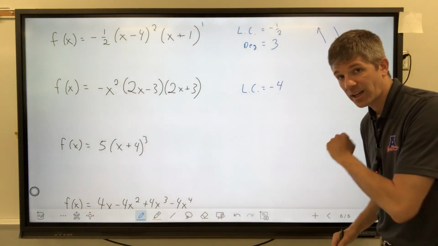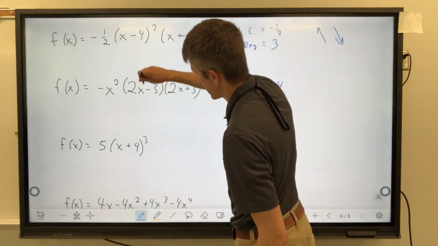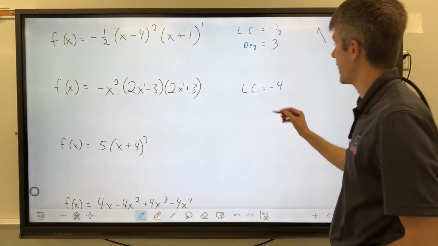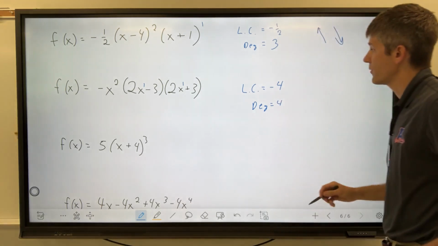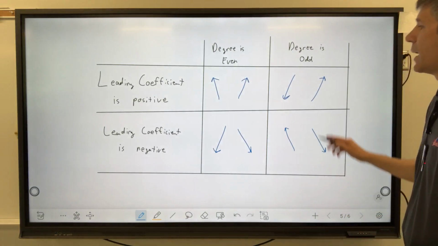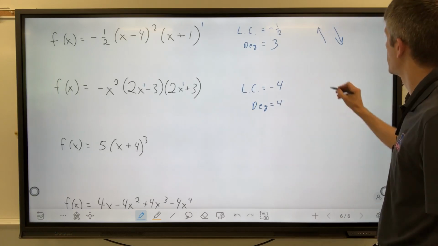And my highest exponent I will ever achieve is x squared times x times x. You can do the whole thing out. You're going to realize that the highest your degree ever gets is 4. We have an even degree and we have a negative leading coefficient. Even degree, negative leading coefficient, it's going to be down, down.